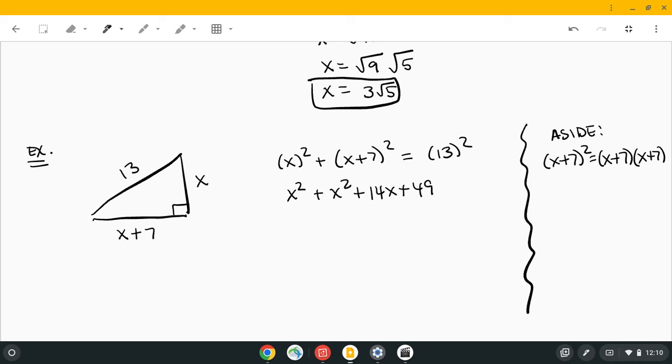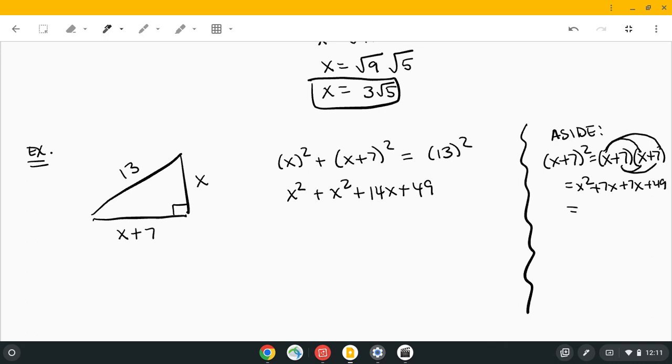Now if you're like, I don't understand how you got those 3 terms, let me show you. You distribute this x, you get x squared, and then here you get plus 7x. Once you're done distributing the x, you distribute the 7. 7 times x is 7x, and 7 times 7 is 49.